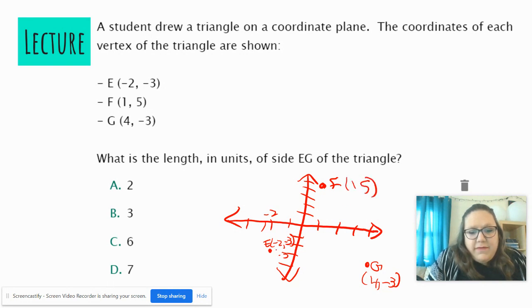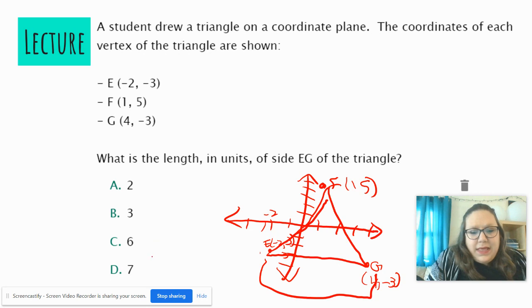So this all makes a triangle. I apologize for my terrible drawing. What is the length of side EG? That's the side that goes from E to G. E is 2 to the left, because it's over at -2, and G is 5 to the right.